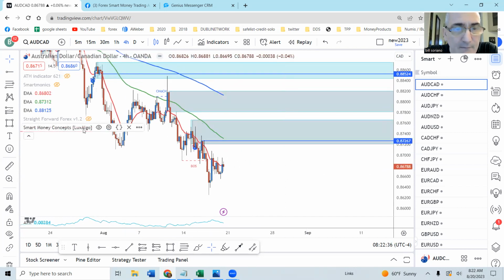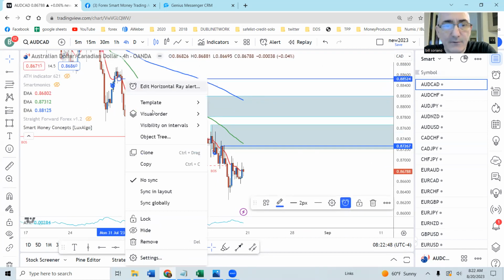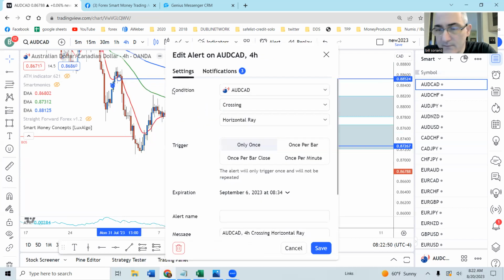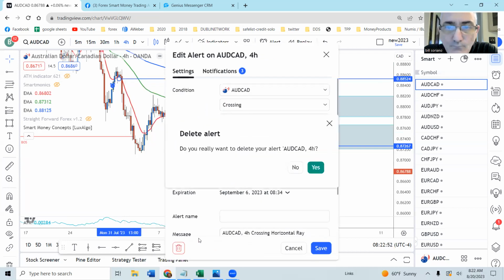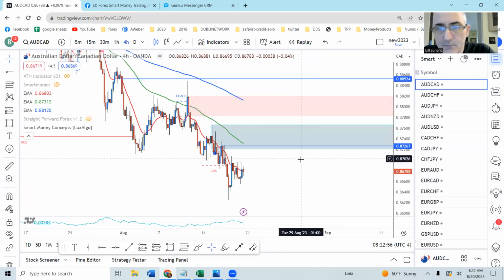And when we're done, we turn off Lux Algo, and it just shows us everything we're looking at. We're going to get rid of this order block up here because it's too far up there, no longer valid for us. And we don't do this one here either.